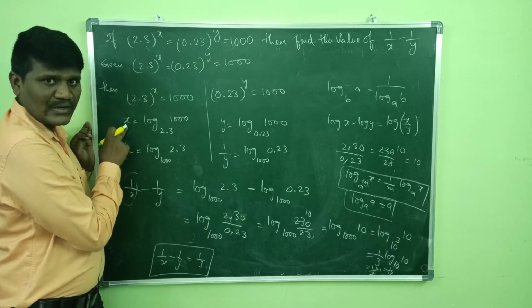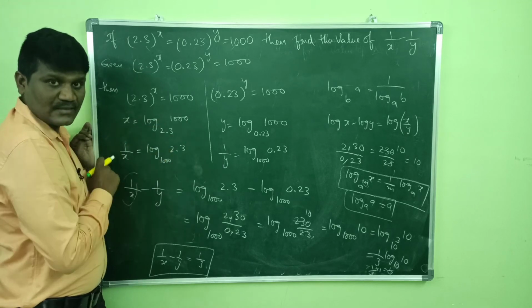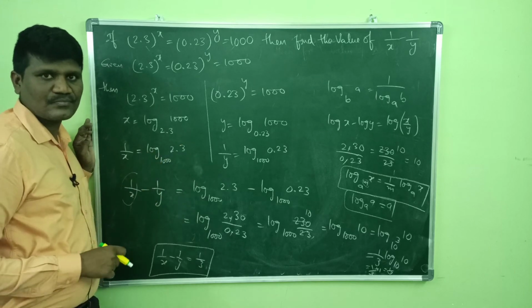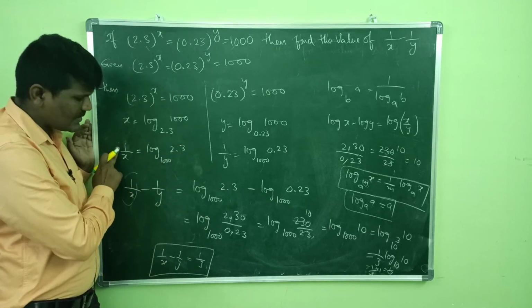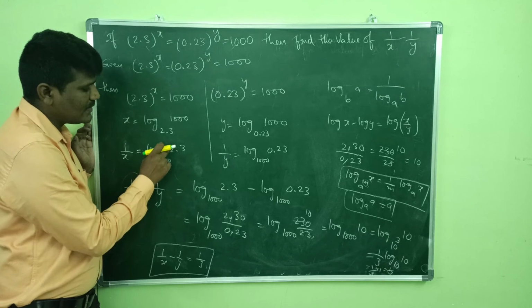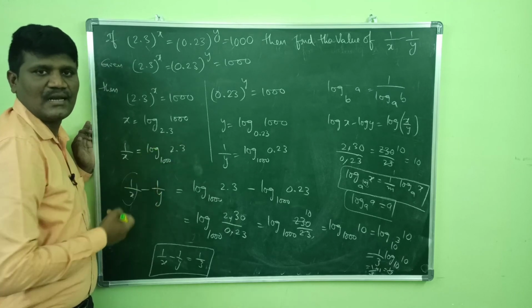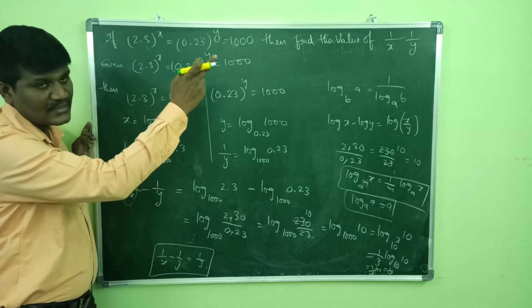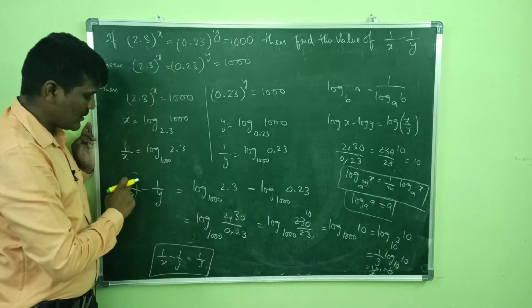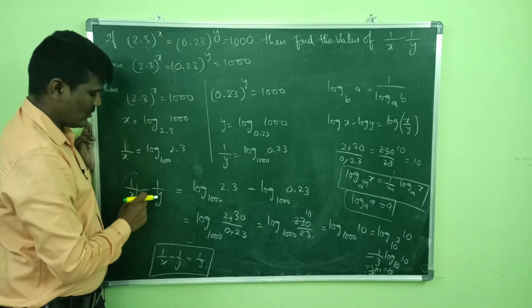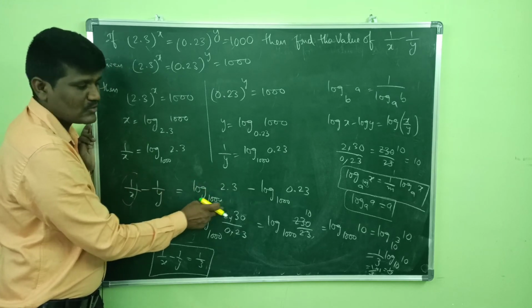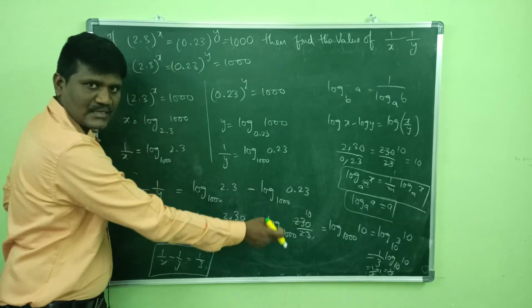I know that for log a to the base b, the reciprocal will be interchanging of this. If I am taking the left hand side reciprocal, I should interchange the base and the log value. Same way, I should find the answer for 1 by x minus 1 by y. 1 by x is nothing but log 2.3 to the base 1000, minus log 0.23 to the base 1000.